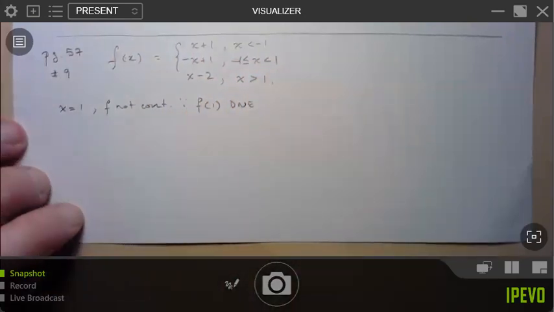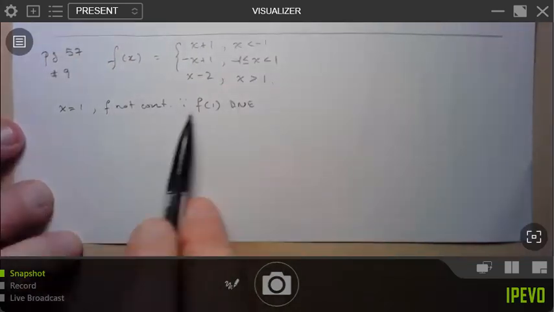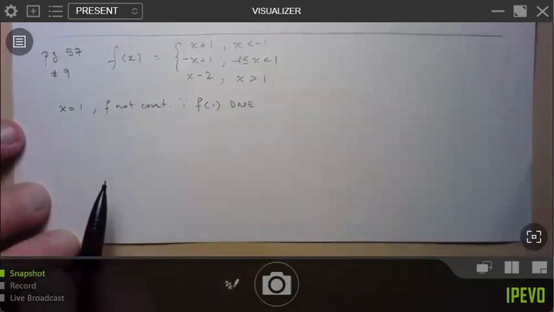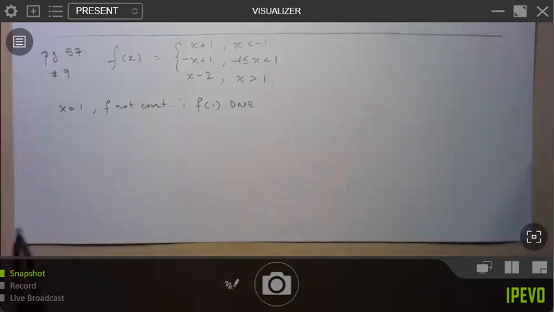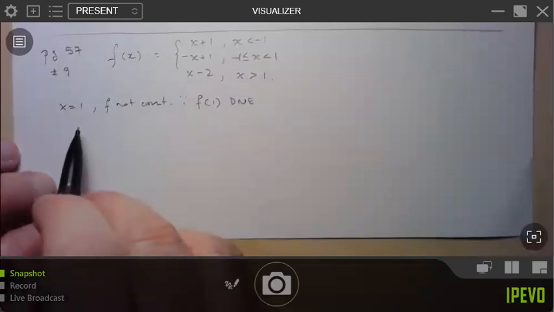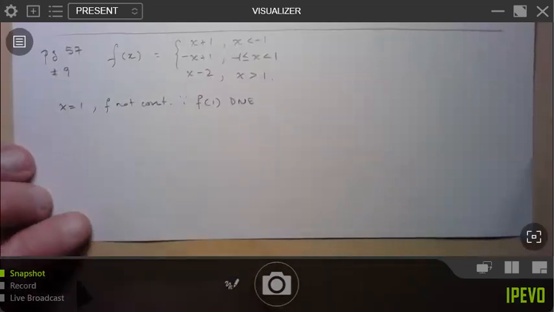Okay. Now you see how short and sweet everything is here. I'm just saying what the result is, and very clearly, as soon as it doesn't exist there, whether there's a hole or a jump or not, f at 1 doesn't exist, it can't be continuous. Now it is possible though that it may have a limit.